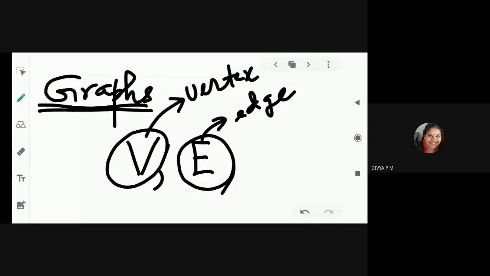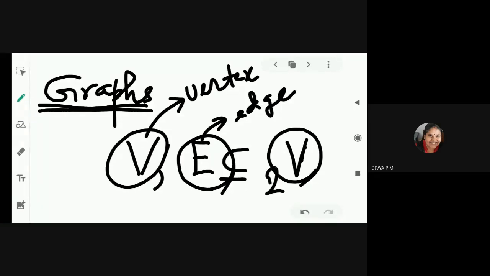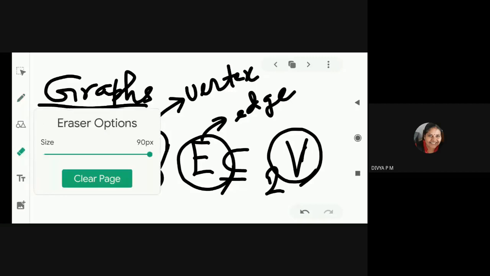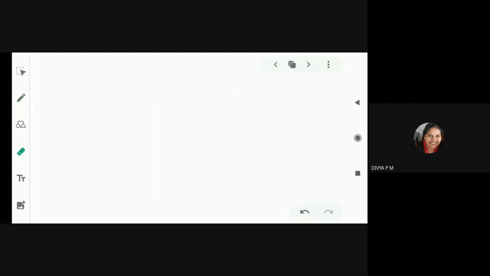Actually, this will be a subset of the two-element subsets of V. You can have many two-element subsets of V, which I will denote like this, 2 raised to V. So the edge set will be a collection of two-element subsets of V. More than that, I should have a very important thing, an incidence relation.